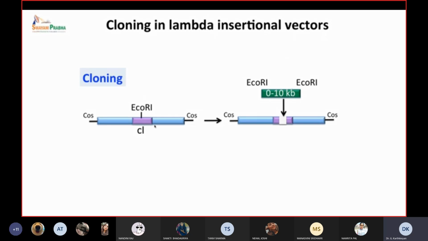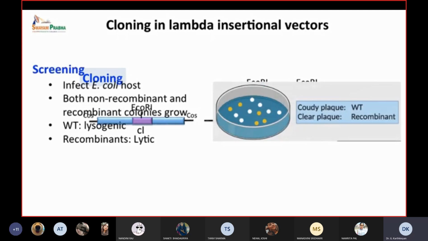Essentially, when you clone the gene into either vector, it results in the inactivation of the CI gene. This CI gene, if you remember, was important for lysogeny. So when you disrupt the CI gene due to cloning, the recombinant vectors will basically undergo the lytic cycle.